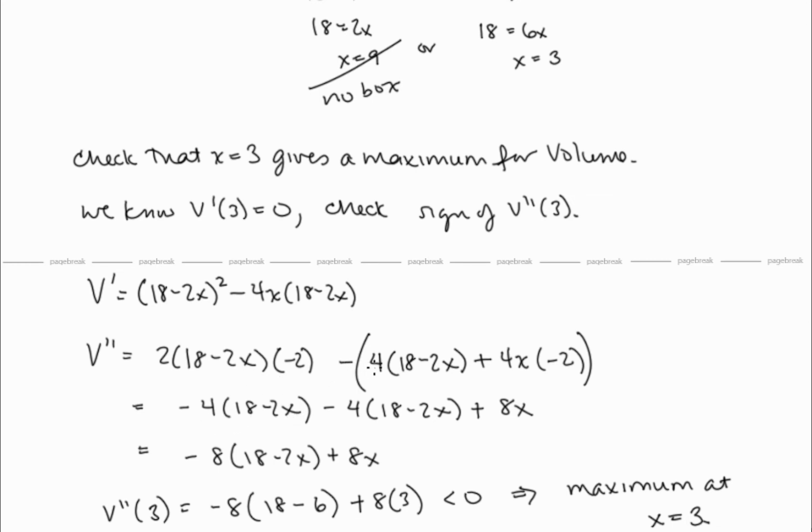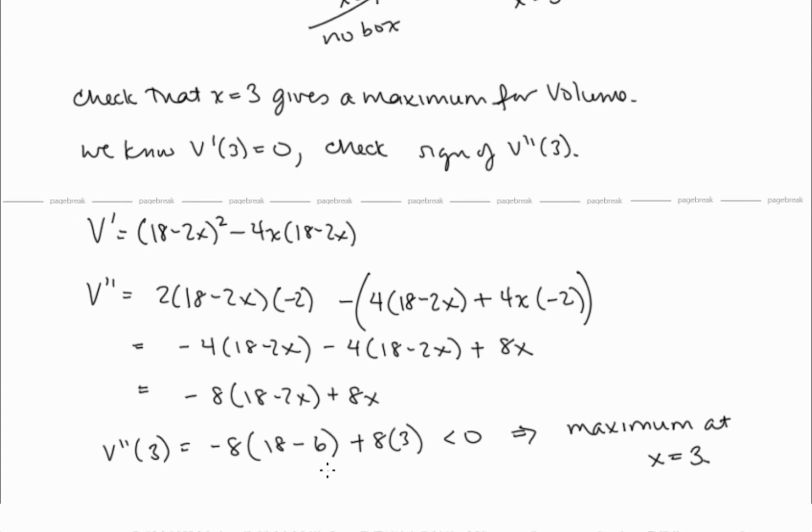This becomes another negative 4 (18 minus 2x), and then a plus 8x. These two combine to negative 8 times (18 minus 2x). We don't really need to simplify this out, we just need to find the sign of V double prime of 3. So by plugging in x equals 3, we can see that this is going to be negative, and therefore we have a maximum at x equals 3.